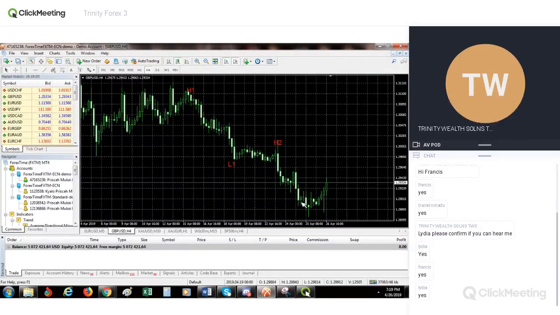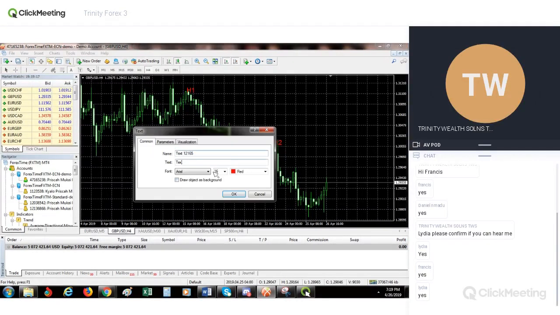Then the market moves again. We'll come up to here where it made another lower low, that is L2. So now the market is retracing again, it's correcting.